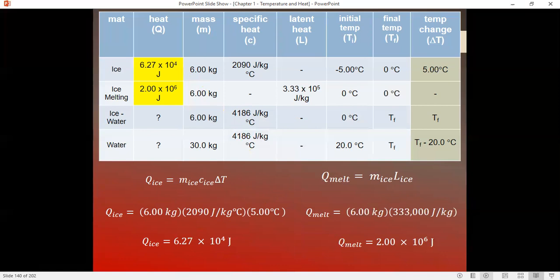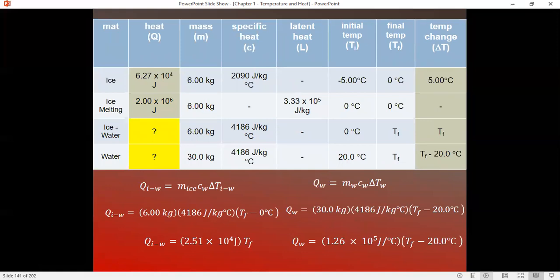Now, remember, this plus this plus this plus this is going to equal 0. All right? So let's set up an equation that sets all these different Q's, this one, this one, this one, this one, equal to 0, and then we're going to solve for TF in those equations.